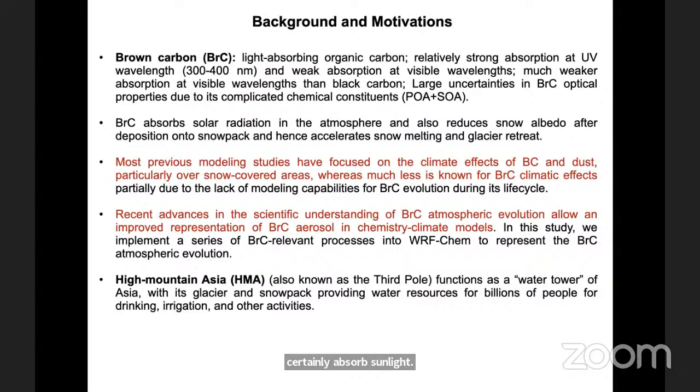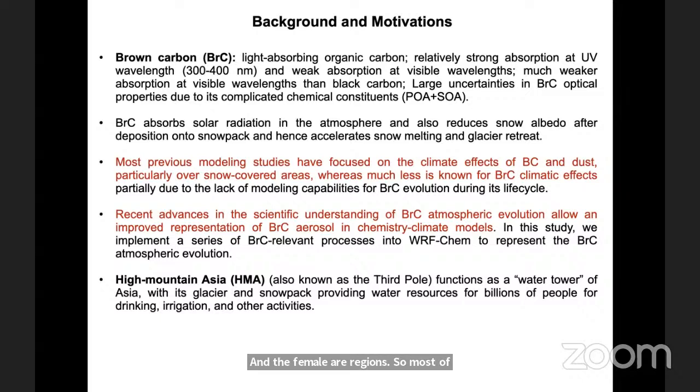It can cause atmospheric warming, and once it deposits onto the snowpack, it can reduce the snow albedo, which would accelerate the snow melting. So this is why we care about this specific species, particularly over the mountain snowpack areas, like our application here for the Tibetan Plateau and the Himalaya regions.